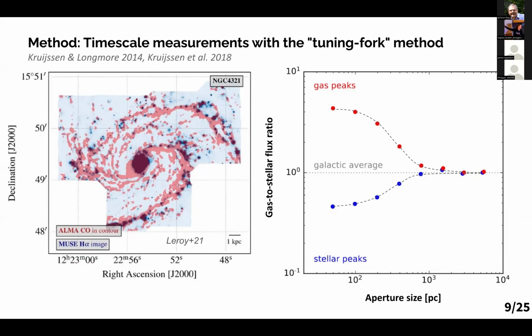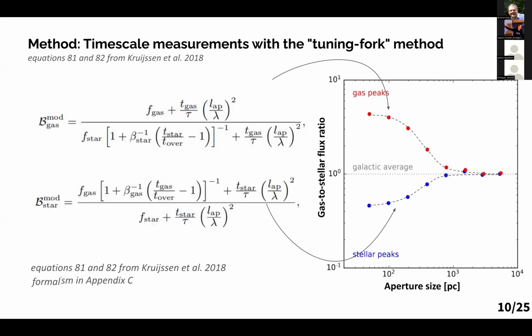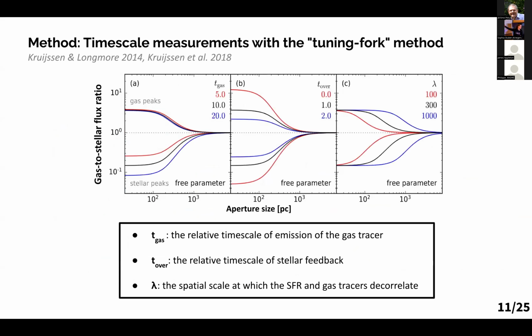So this characteristic shape can be fitted with a complex model, which depends only on quantities that are directly measurable on the maps, like flux fraction or contrast parameters, and on three independent parameters that are controlling the asymmetry of this fork, the amplitude of this fork, and the inflection point.